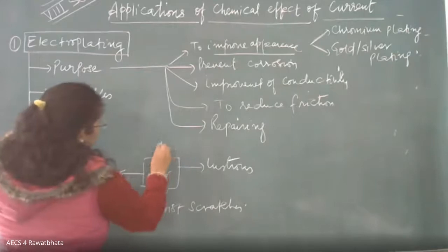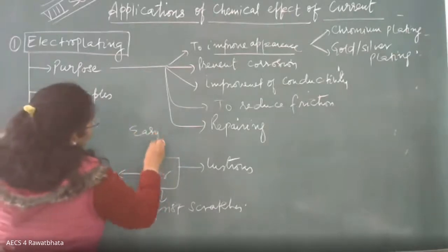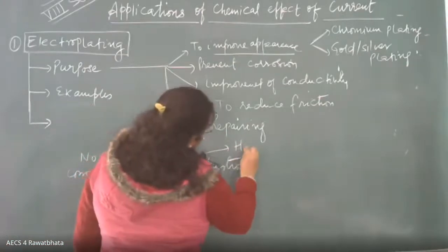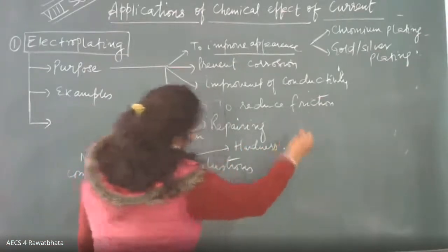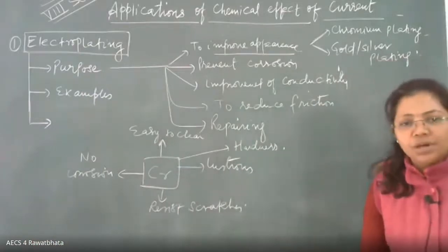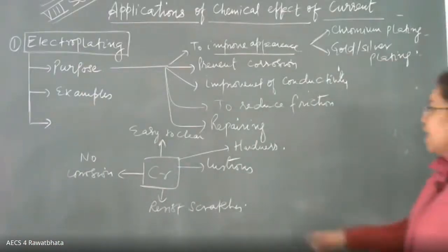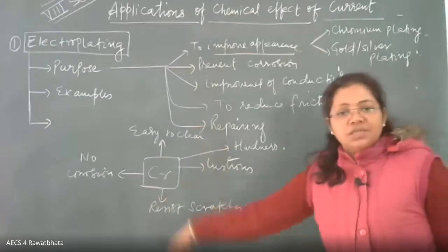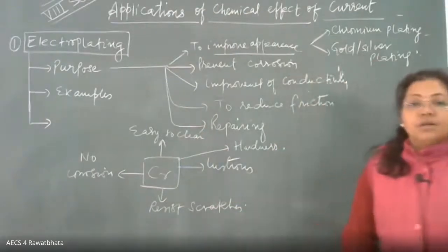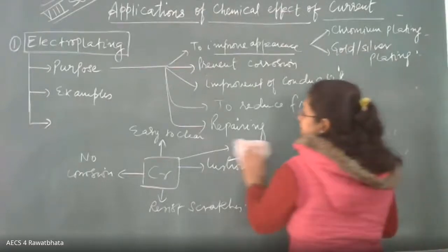Then easy to clean, and it also provides hardness to the surface. Yes, Tanisha, you are right. So these are the 5 important points for which we go for chromium plating.